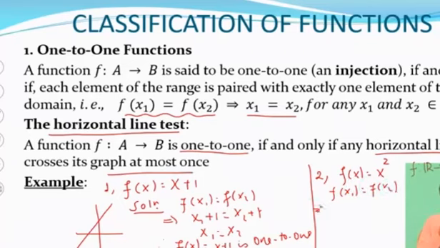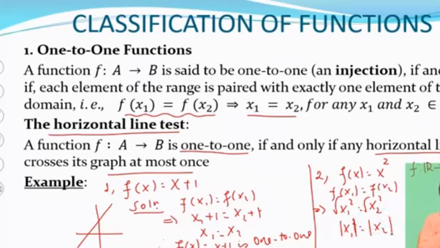This implies f of x1 means x1 squared, and f of x2 means x2 squared. To find the value of x, put both sides under a square root. The square root of x squared is the absolute value of x. So it is the absolute value of x1 and the absolute value of x2.